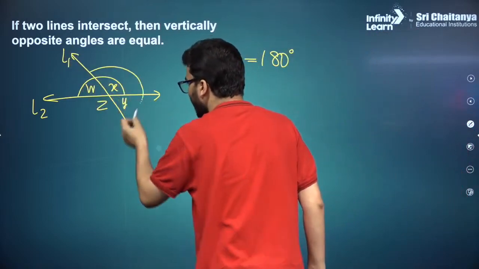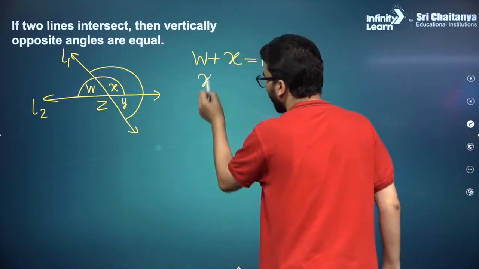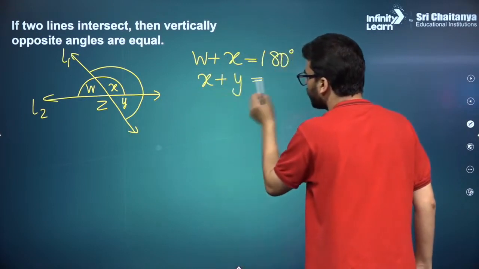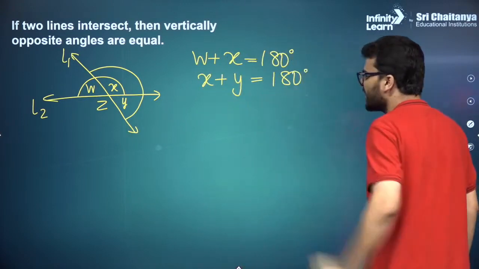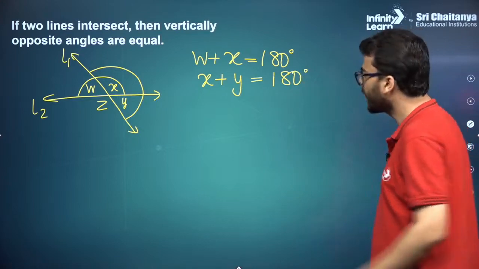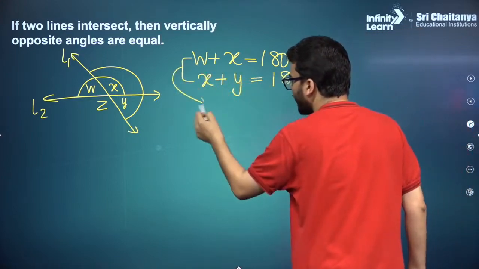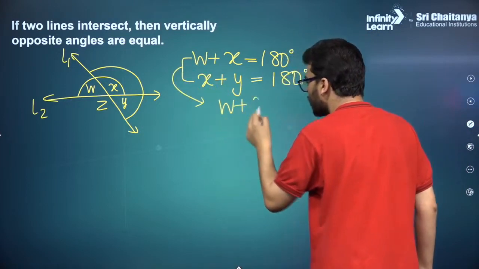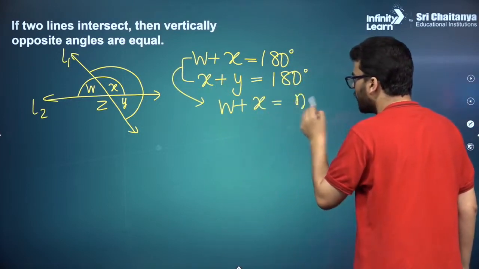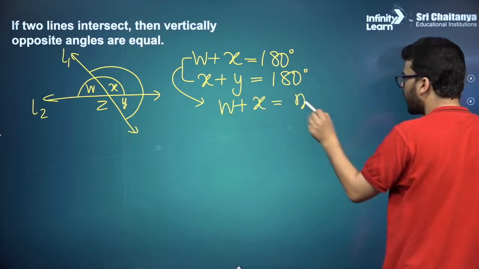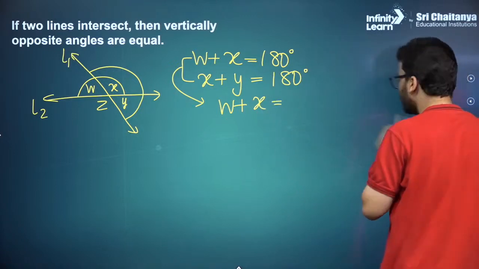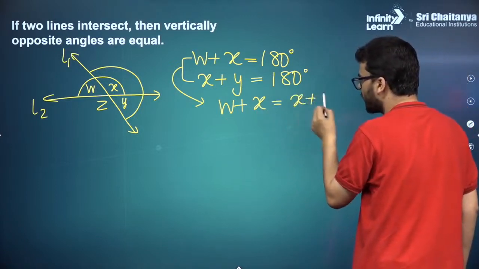So can I not say that X plus Y is also equal to 180 degrees? Linear pair axiom. So you see, W plus X and X plus Y both are equal to 180. So from here, can I not conclude that W plus X will be equal to X plus Y? Can I say that?